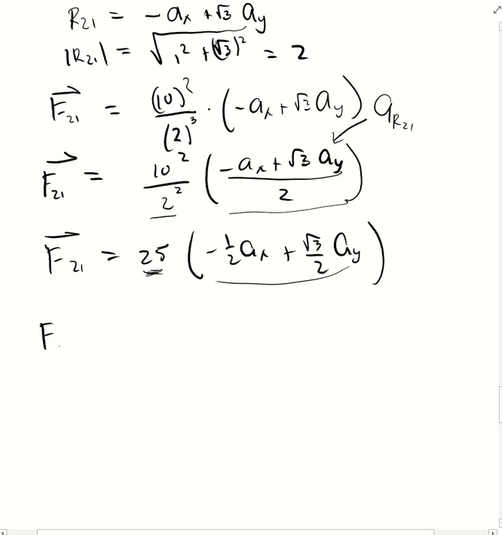Then next, we solve for F31. It's the same way as what we did. So this should be 10 squared over 2 squared. Then this time, here will be R31 divided by 2. What is 2? It's still the magnitude of R31.